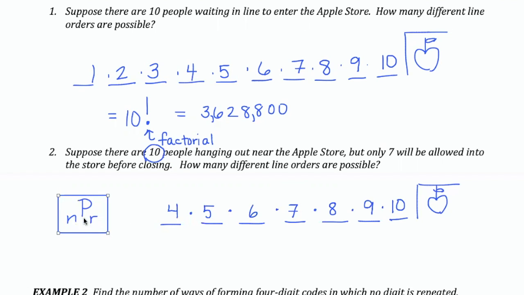And what all calculators will have in common is you have to put in a number before the symbol and one after. The number before the symbol always represents the total number of objects that you're arranging. And the number on the right, which is represented by the variable r, is always the number of objects to use.